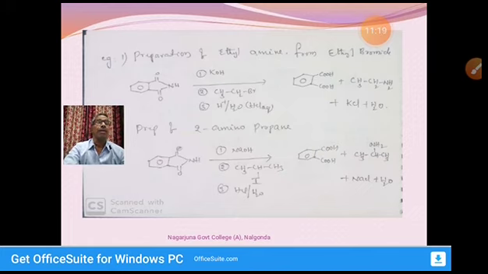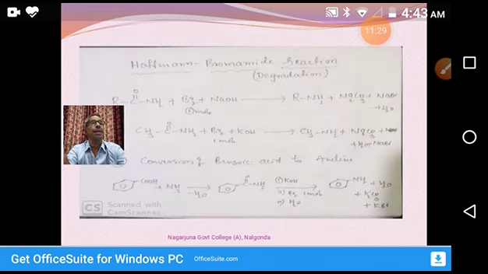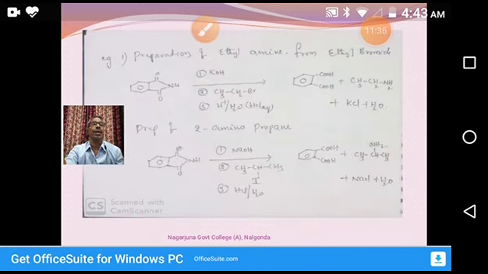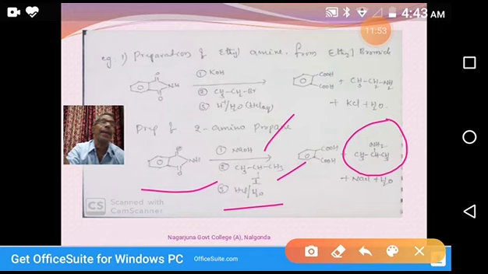This phthalimide, in presence of base, with 2-iodopropane followed by aqueous acidic hydrolysis, we are getting 2-aminopropane, a primary amine.